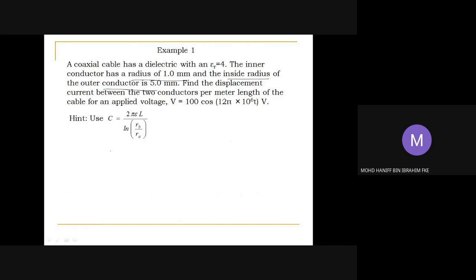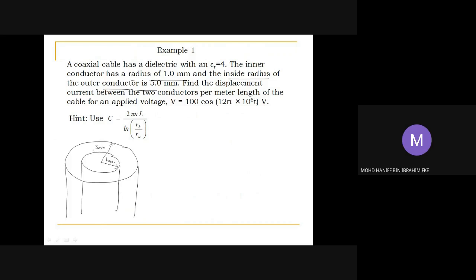Let us sketch this diagram first. So we have the coaxial cable like this. The radius of the inner conductor is 1 millimeter, so we put 1 millimeter here, and the outer conductor is 5 millimeters, so we put 5 millimeters here.